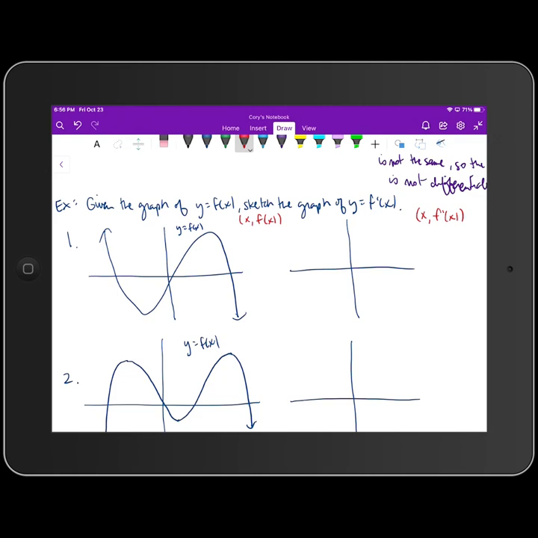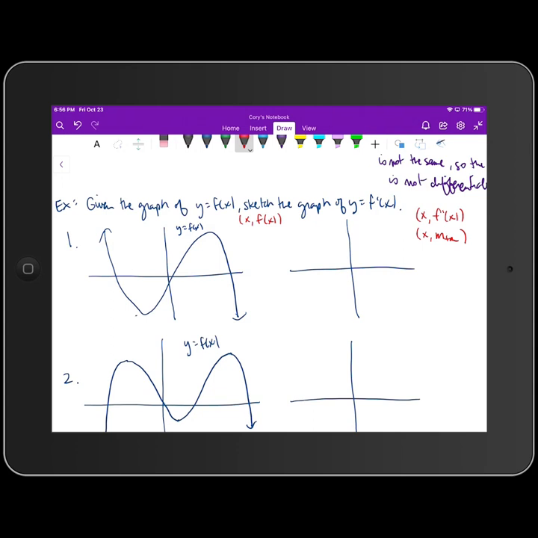Now, if we think about what f prime measures, it's the slope of the tangent line. So every single point on the graph of the derivative is going to look like x comma the slope of the tangent line at that point. The big key when we're looking at the graph of a curve is we want to identify where the horizontal tangents occur.